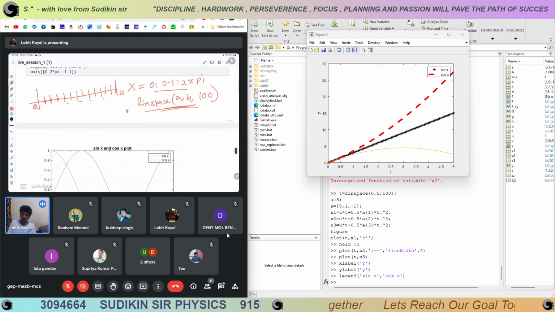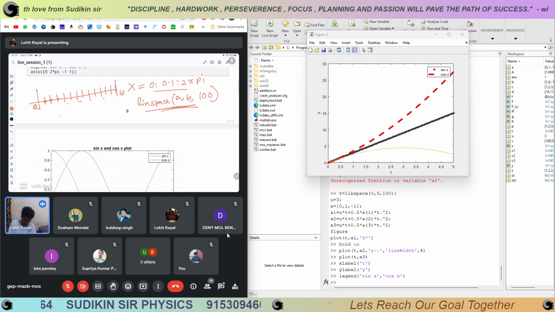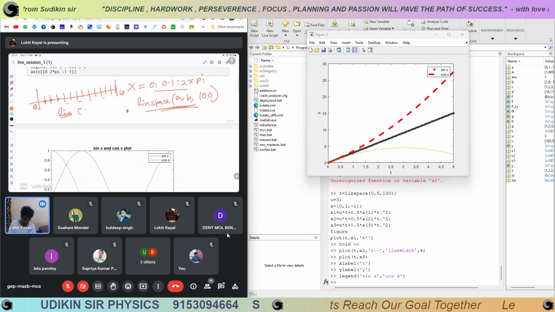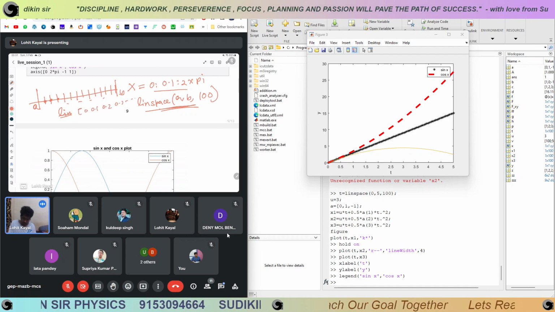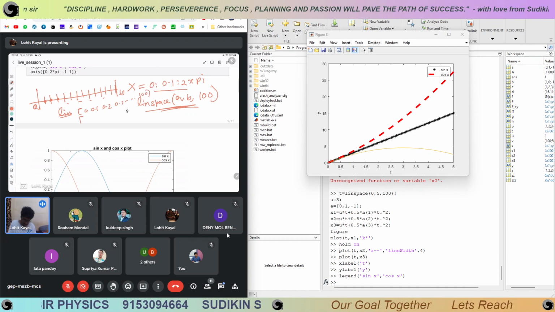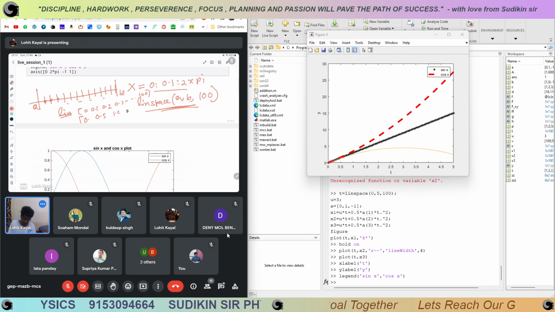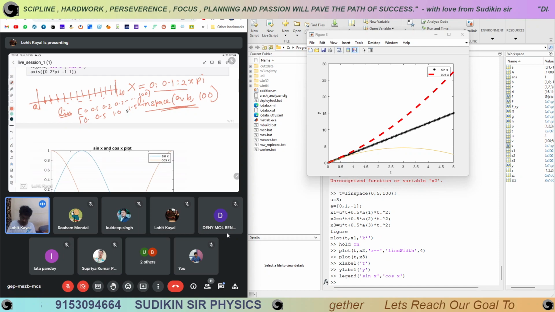Suppose you have to add two vectors. Suppose you have some data 0, 0.1, 0.2, 0.3 up to 100, and here it is 0, 0.5, 1.0, 1.5, up to 1000.